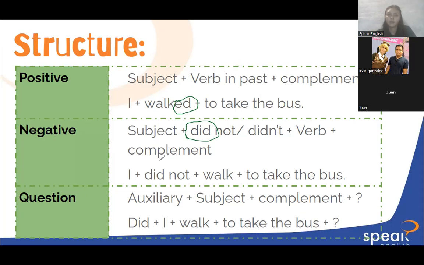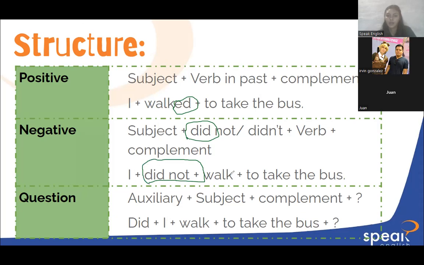It's just past, but it's the auxiliary, and we always use the auxiliary when we convert a positive sentence into a negative sentence.